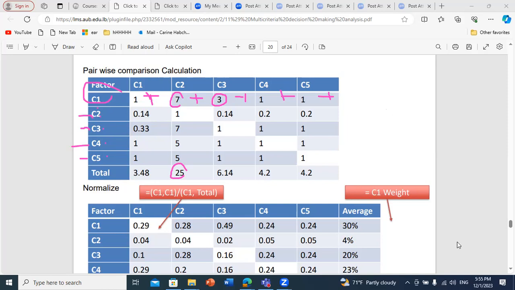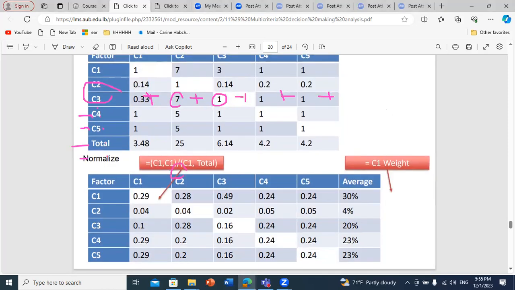So to summarize the method: after I put in the scores, I should do the summation column by column. So I will sum these numbers and get a total here. Once I get the total, I will fill a new table.